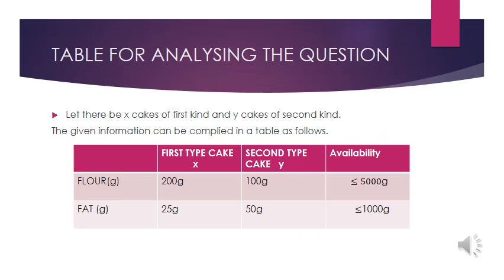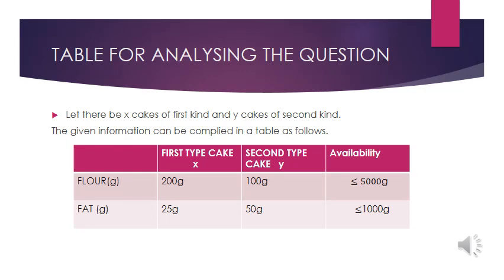Let us analyze the question. Let there be x cakes of first kind and y cakes of second kind. First type cake requires 200 gram flour and second type cake requires 100 gram flour. But the availability is 5 kilogram flour, that is 5000 gram. First type cake requires 25 gram fat and the second type requires 50 gram fat.